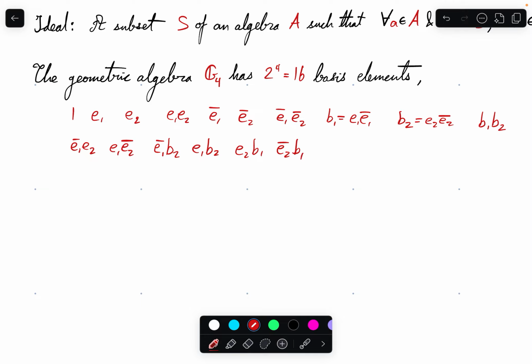These are all the elements of the algebra.